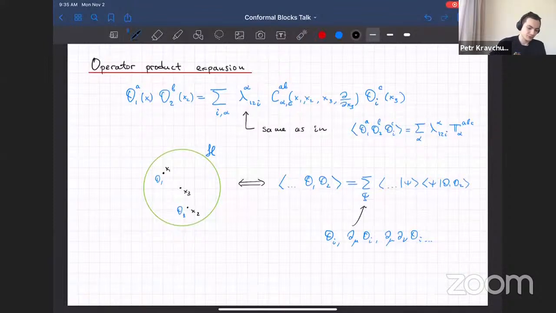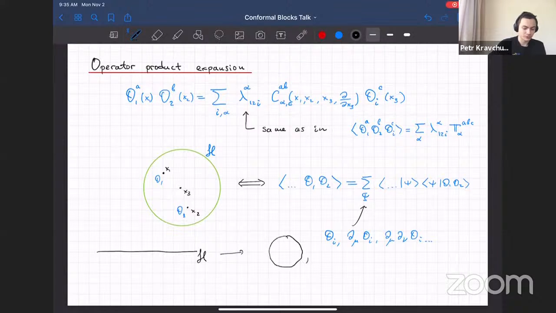But what we do in higher dimensions is we start with quantization by flat slices in flat space, so this is a plane, and there is a conformal map which maps it to a sphere. Constant time, t equals 0, gets mapped to r equals 1 by some kind of inversion, because planes are always mapped to spheres by conformal maps.